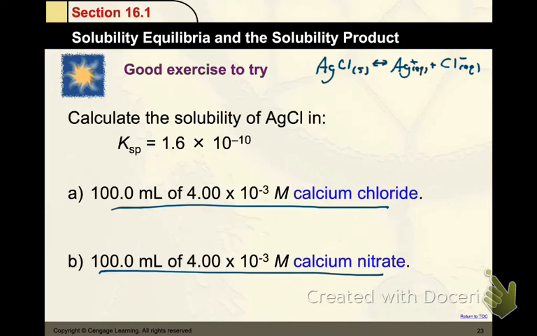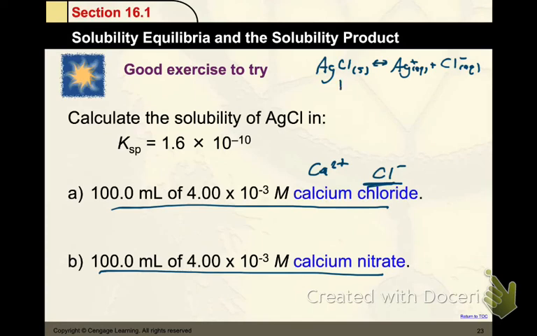So the question really is, calcium chloride for part A here is Ca2+ and Cl-. Is the amount of those going to affect this equilibrium at all? Well, calcium really isn't going to do anything because calcium chloride is still soluble, so that's not going to affect anything. But chloride is an existing ion in here, so it's going to essentially give us an initial concentration of chloride here.